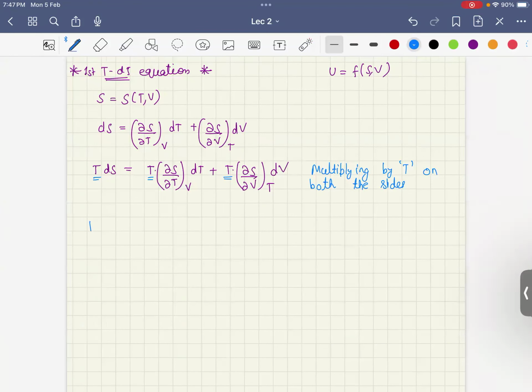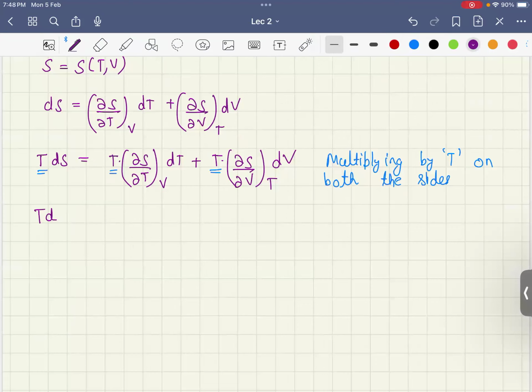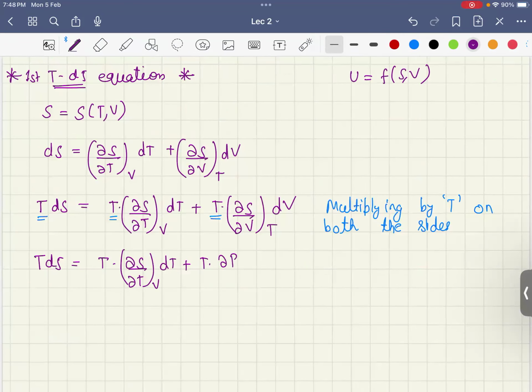So therefore I got again TdS. TdS is nothing but T (∂S/∂T) at constant V dT plus T into what? (∂S/∂V) at constant T is (∂P/∂T) at constant V, using Maxwell's relation.